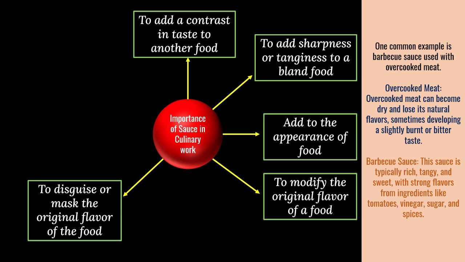So you can well imagine that whenever you take this overcooked meat and a layer of barbecue sauce is given on top of the meat, automatically it will get covered up from many angles. Taste will be highlighted, appearance will be highlighted, that overcooked meat won't be visible in that way. Burnt flavor of the meat in terms of grilling or anything will also be covered up. So all these facilities you get, that is why sauce is so important.